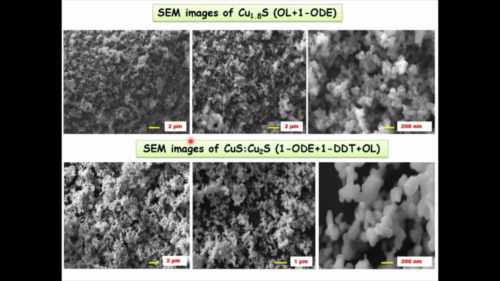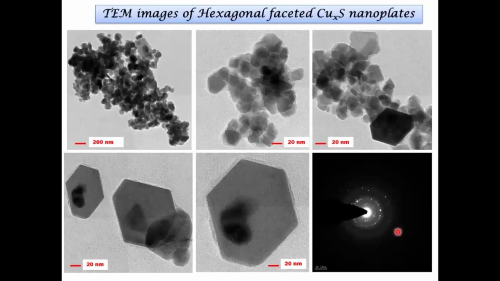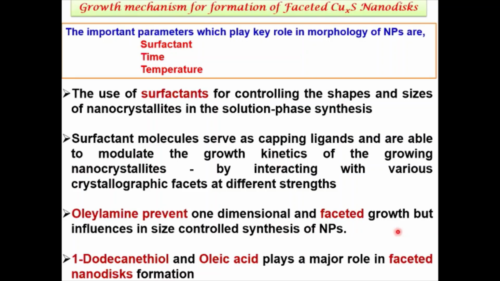A mixture of oleic acid, octadecene, and dodecanethiol gives you two different phases, copper sulfide and Cu2S, and the particle evolution is almost spherical. Finally, we are also able to get discs with pure dodecanethiol of the same CuxS nanoparticles. The important parameters which play a key role in this evolution are surfactant, time, and temperature.